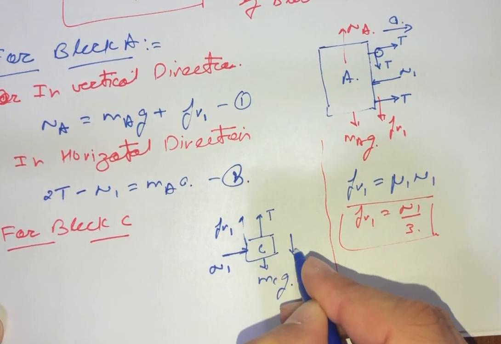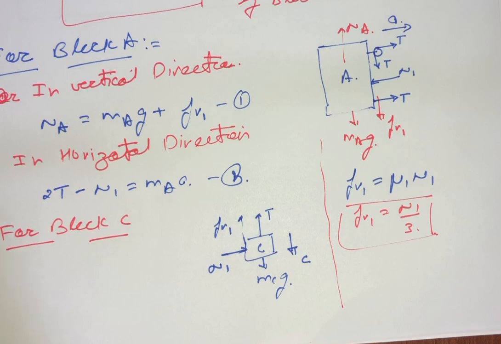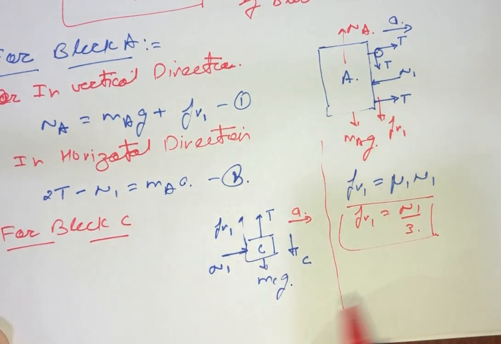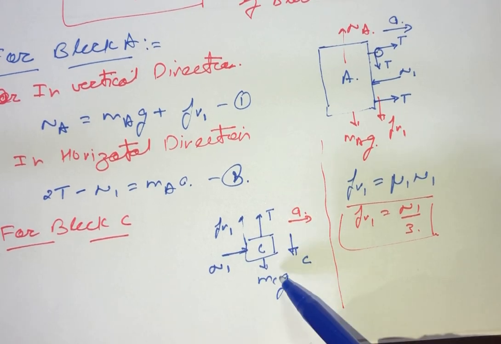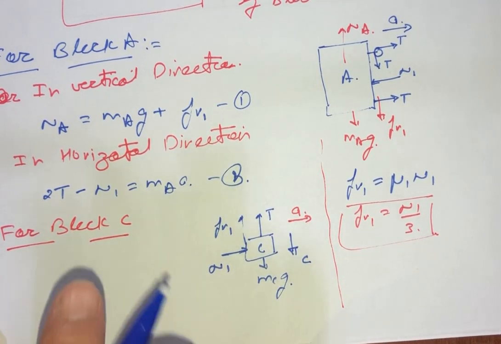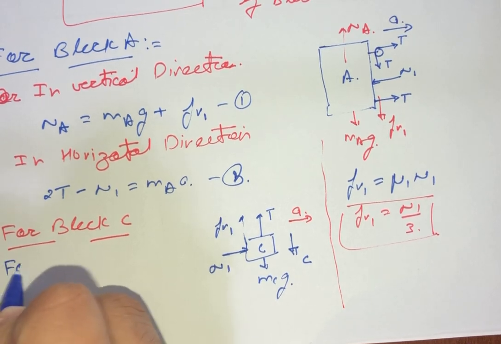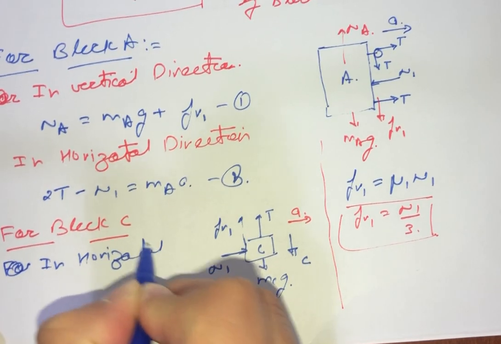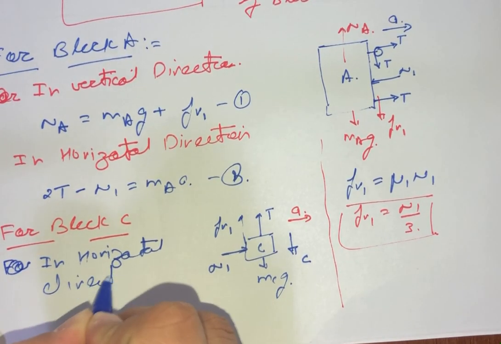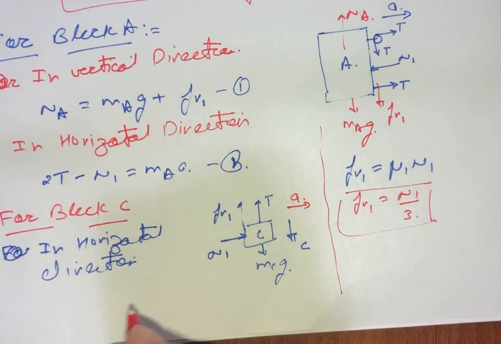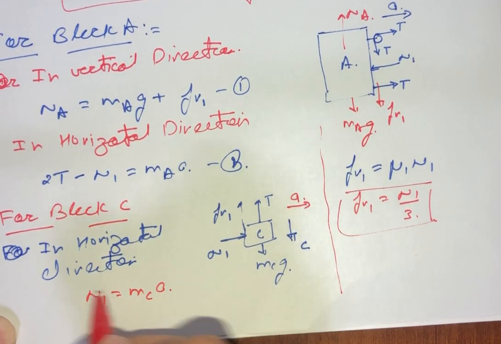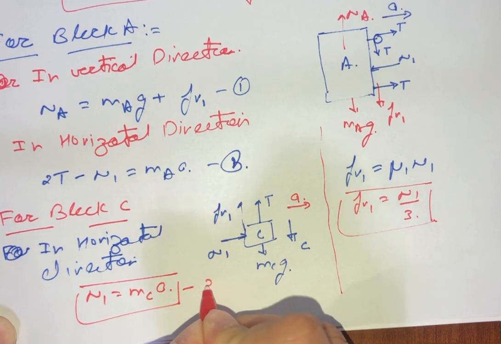First, it will be moving in the downward direction with acceleration c, and because of the motion of block A, it will also be moving in the horizontal direction with acceleration A. So there will be simultaneously horizontal as well as vertical acceleration for block C. In the horizontal direction, N1 will be equal to the mass of C multiplied by A. Let us call this equation number 3.